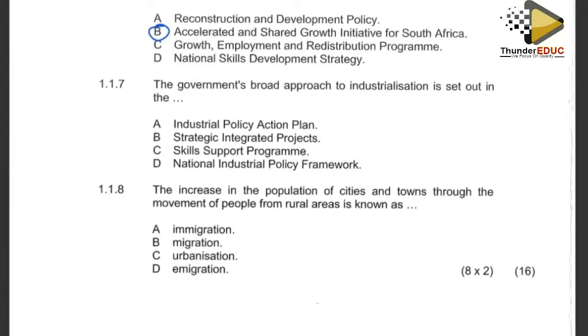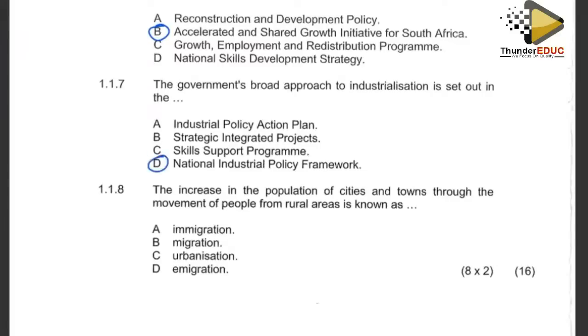And I always tell you the reason why I advise you to do that is because most of the given options, they are pretty similar to one another, where one might end up making some silly mistakes. Okay, right. So now 1.1.7, our appropriate answer is going to be National Industrial Policy Framework.